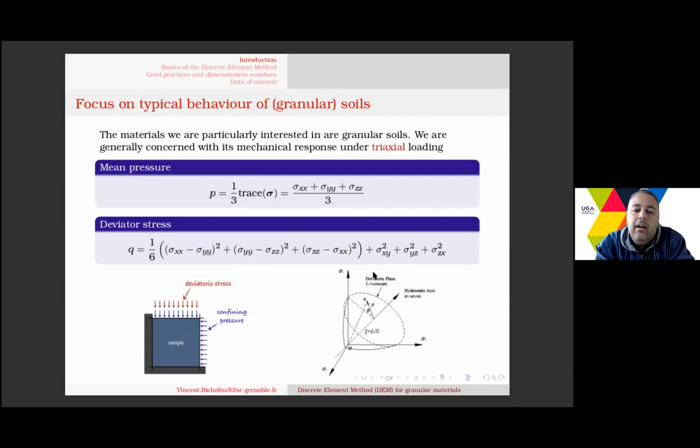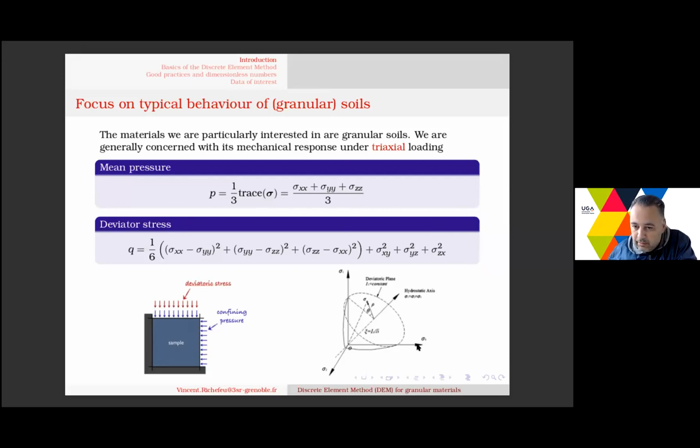Personally, when I use DEM, I use it to model granular matter that is soil most of the time. So typically, what we will try to assess when we load a granular matter, a soil, is the mean pressure. The mean pressure is defined as one third of the total stress. And the second thing is the deviatoric stress, which is defined like this.